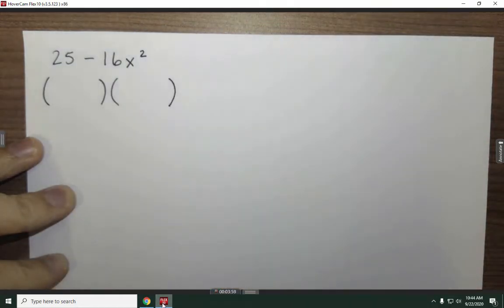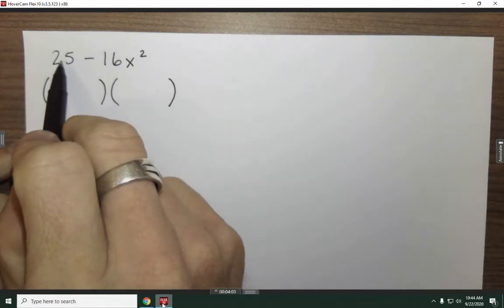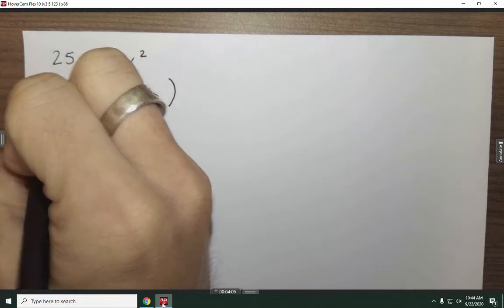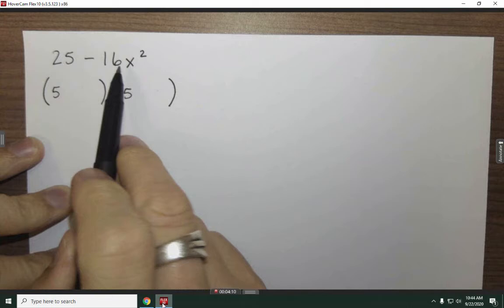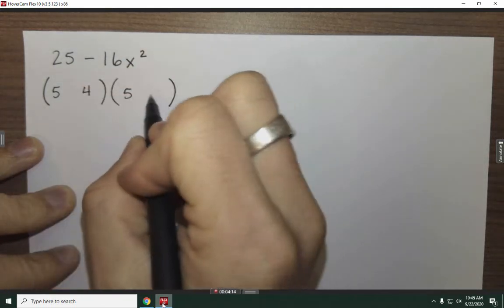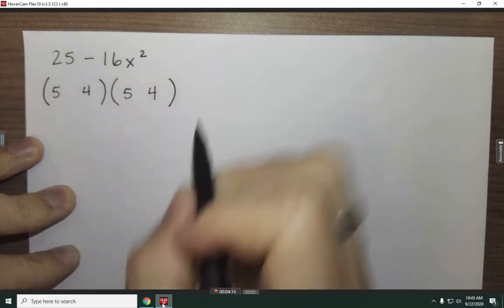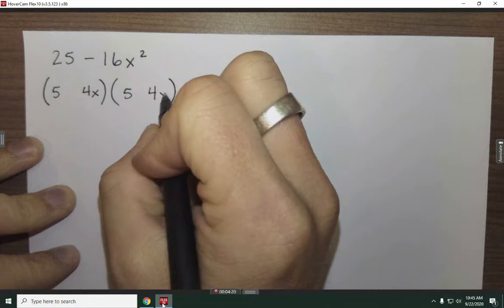In this case, we're going to have kind of the same thing. To make 25, we need a 5 and a 5. To make a 16, we have a 4 and a 4. And to make the x squared, we have an x and an x.